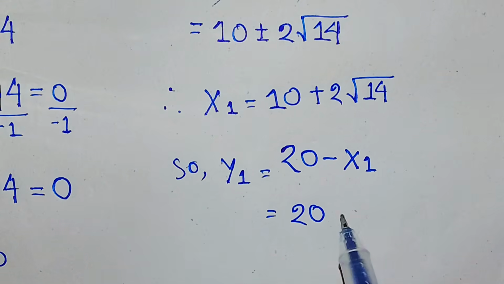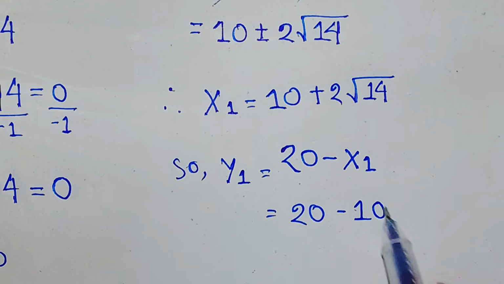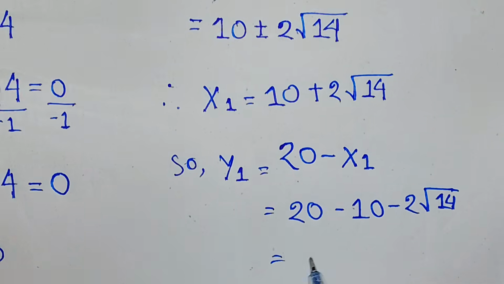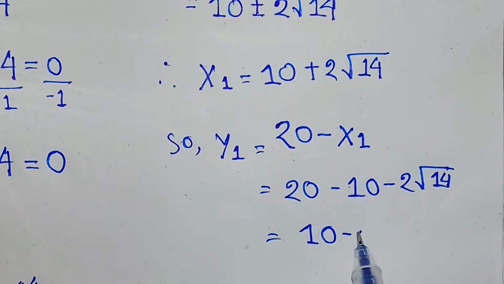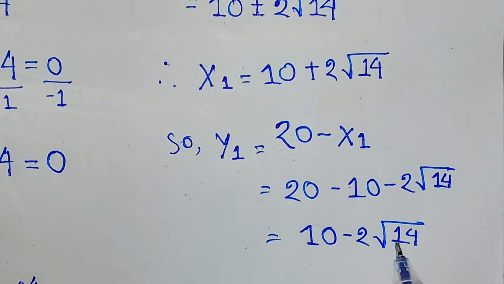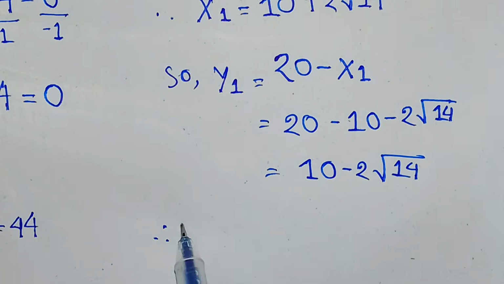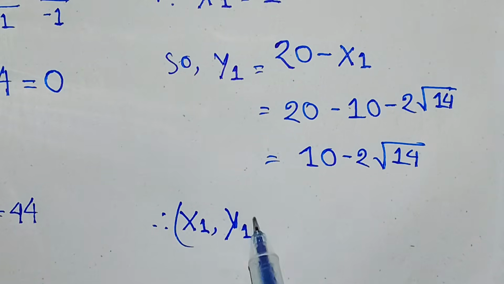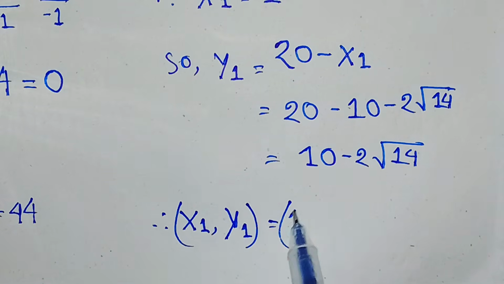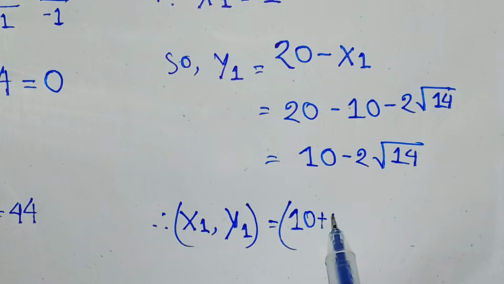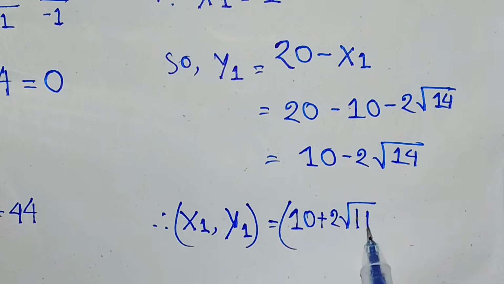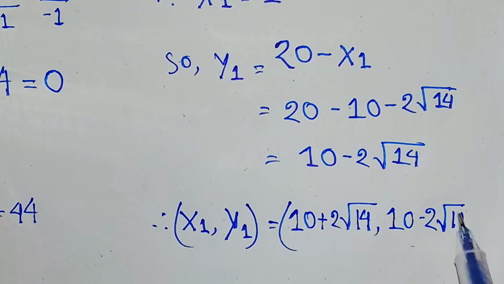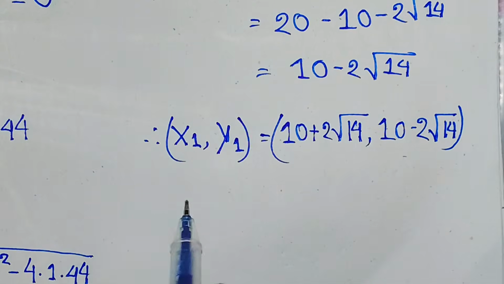So we just replace the x1 value, and we'll get 10 minus 2 root over 14. So guys, we get our first answer: x1 comma y1 is equal to 10 plus 2 root over 14 comma 10 minus 2 root over 14.